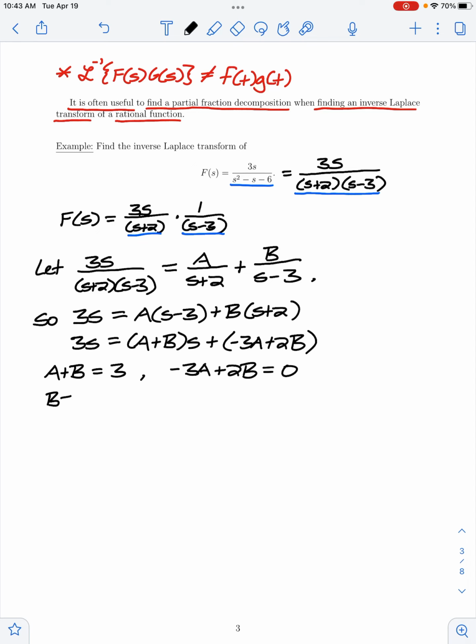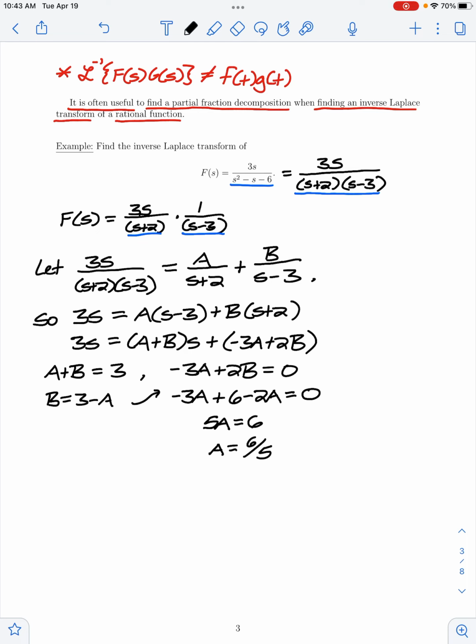So from my first equation, it follows that b is 3 minus a. And if I substitute into the second equation, I have negative 3a plus 2 times b, which would give me 6 minus 2a is 0. So this gives me 5a is equal to 6.